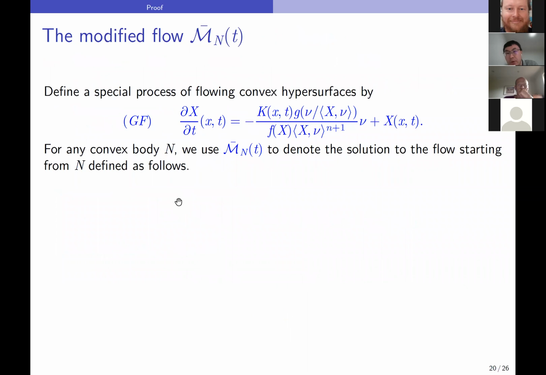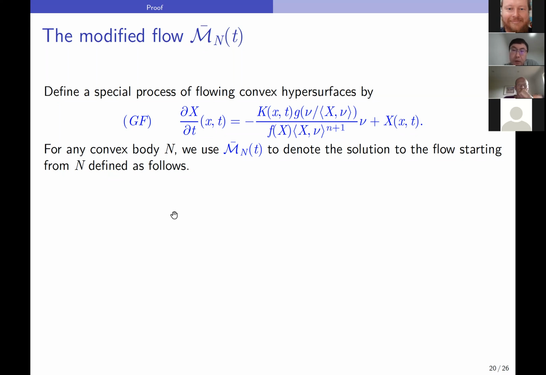Next we will run this flow for any surface, or any ellipsoid, in our initial set E_I. The problem is that if you run any ellipsoid with our gradient flow, there is no control, so we don't have an a priori estimate.